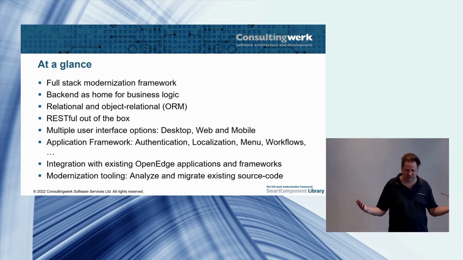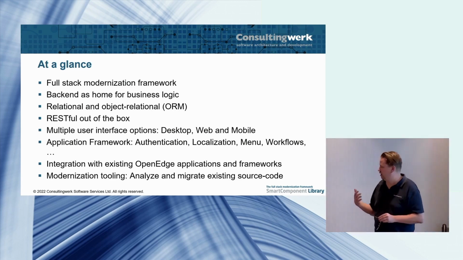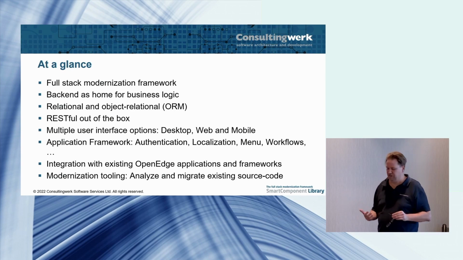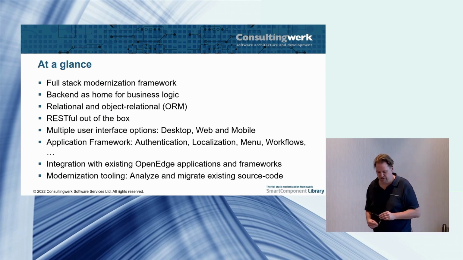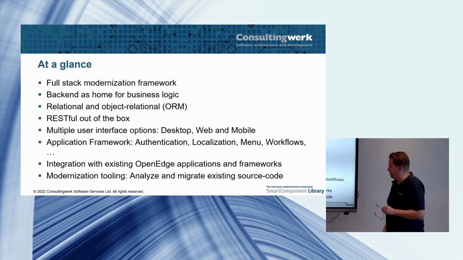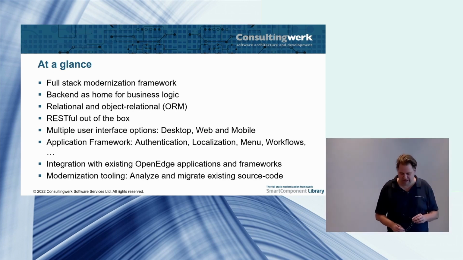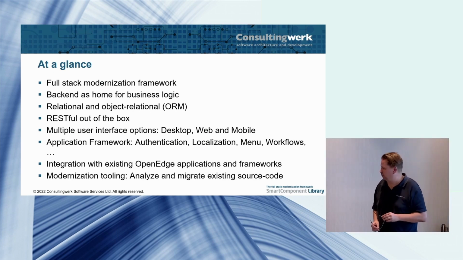It works tightly integrated if you want it, but you could leave everything out or combine it with components that you might have as part of your legacy application. Some of these optional components are things like authentication, authorization, localization, menus, workflows, and many, many more features in that area.